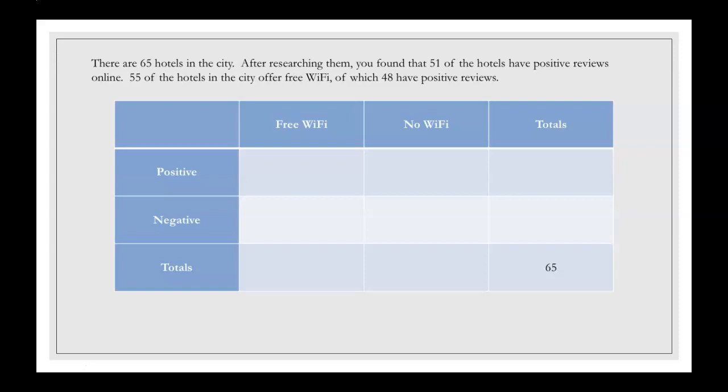And then they said, after researching them, you found 51 of the hotels have positive reviews. So the total for the positive reviews is 51. 55 of the hotels in the city offer free Wi-Fi. Okay, so the total for free Wi-Fi is 55.